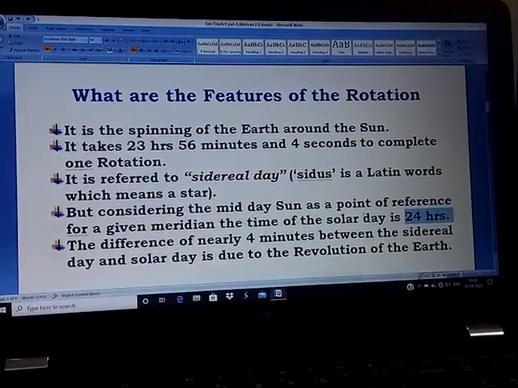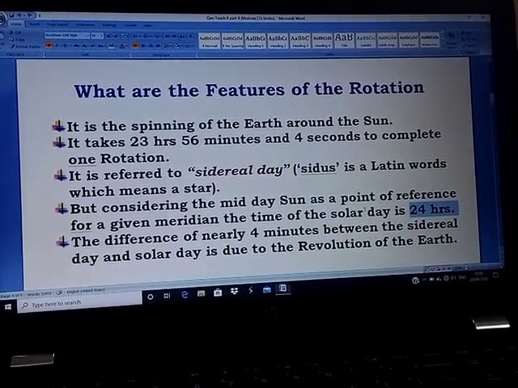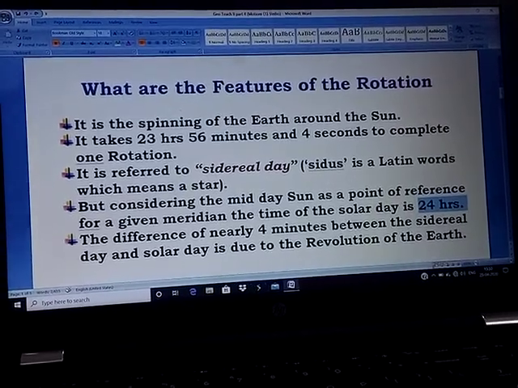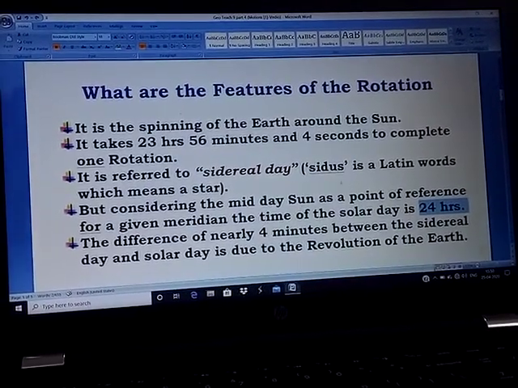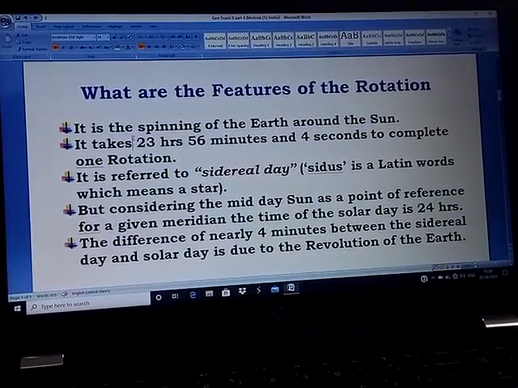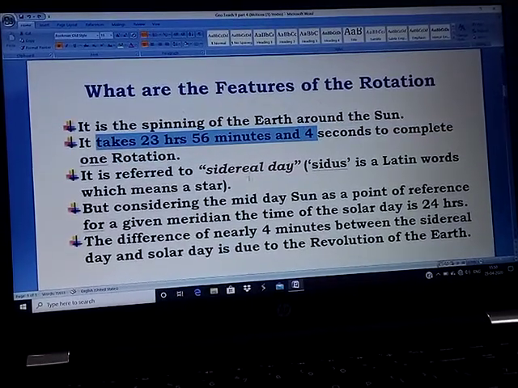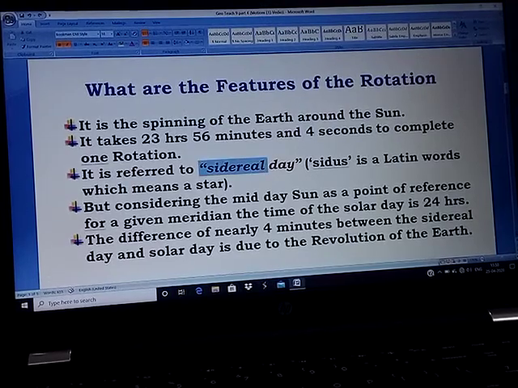So there is a little confusion, but no confusion. These 24 hours are called a normal day, whereas the 23 hours 56 minutes and 4 seconds is known as the sidereal day.